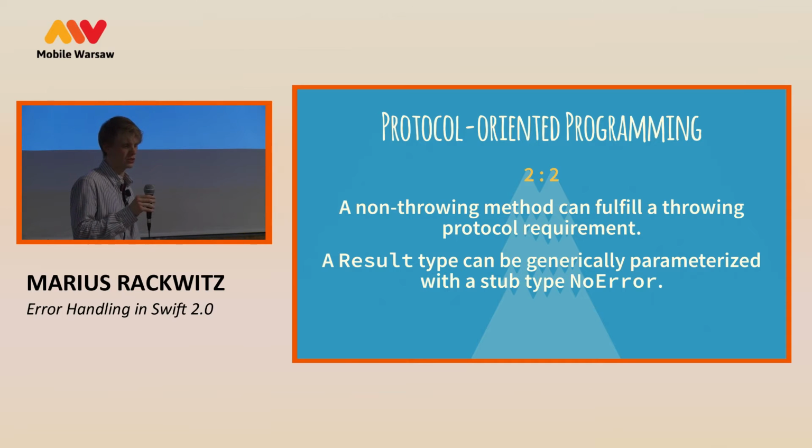And by using the Result type, you also have a lot of expressive power, and you are able to generically propagate the error throwing or non-throwing behavior through classes just by the generic type parameterization, which is heavily used in ReactiveCocoa 3 or the ReactiveCocoa Swift version, if you want to take a look into that.